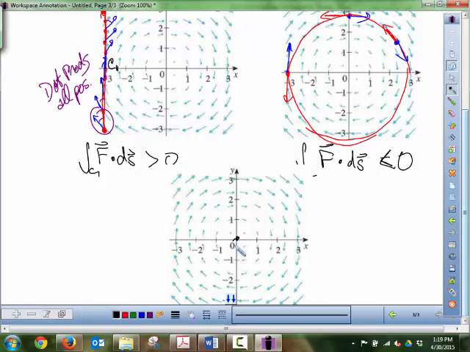Any line that goes through the origin. It doesn't even have to be perfectly that diagonal. It could be any line that goes through the origin.